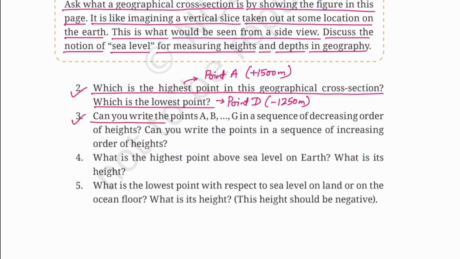Three, can you write the points A, B up to G in a sequence of decreasing order of heights? Can you write the points in the sequence of increasing order of heights?